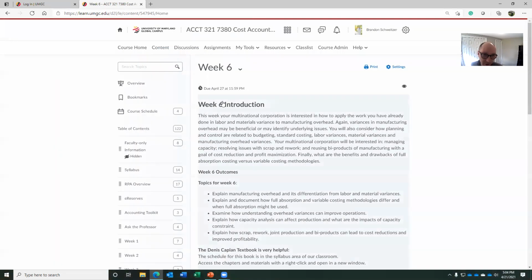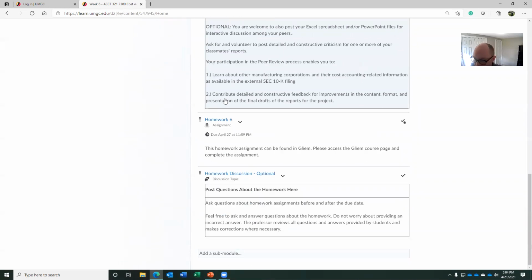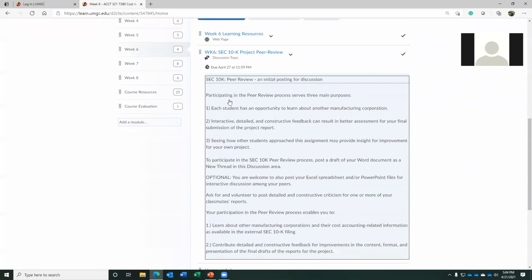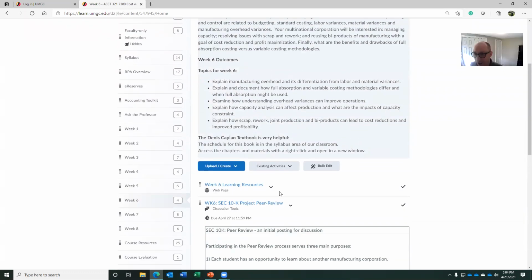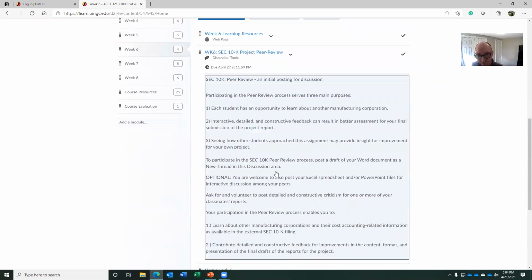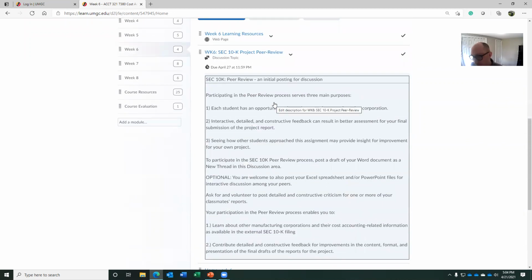Since we're in week 6, this week's a lot easier than last week, right? Not as much going on this week. I do want to touch on this though, because it's important for your discussion this week. It's a peer review of the paper, the Word document that you're hopefully working on for your 10K, and your Excel document.